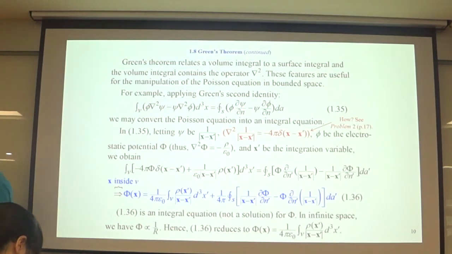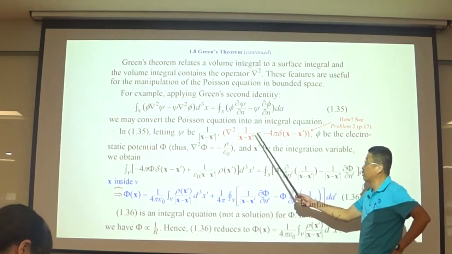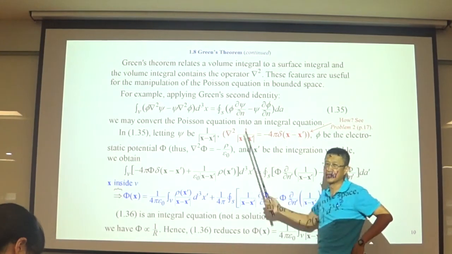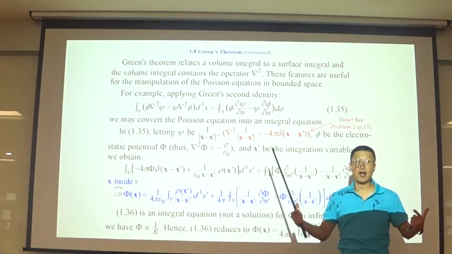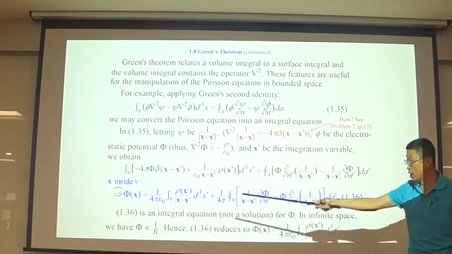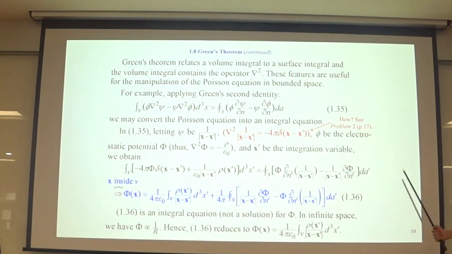Okay, and we will use boundary conditions. Boundary conditions help us to determine psi. phi of the side should be correct.